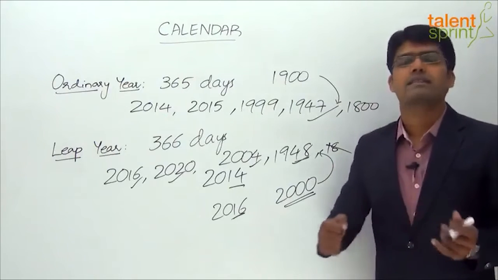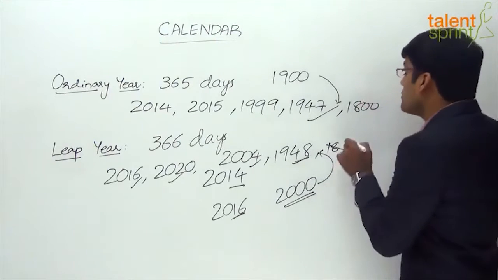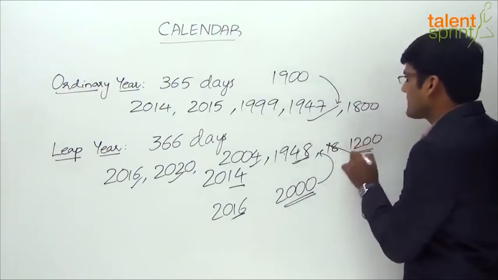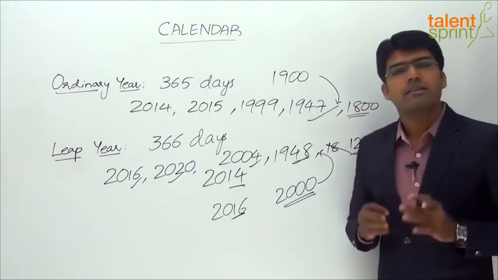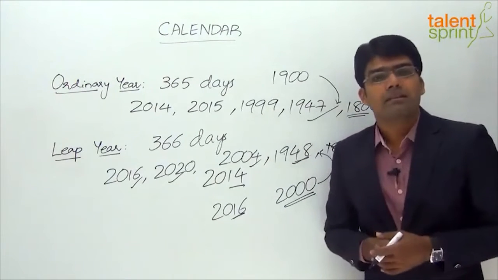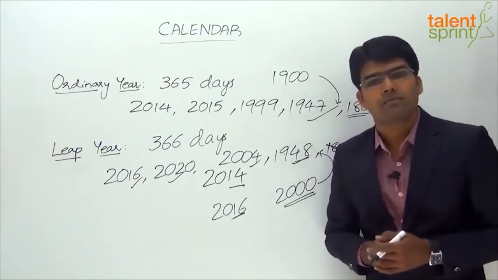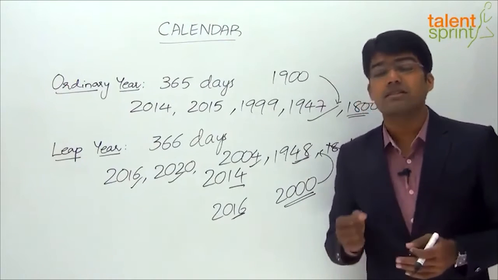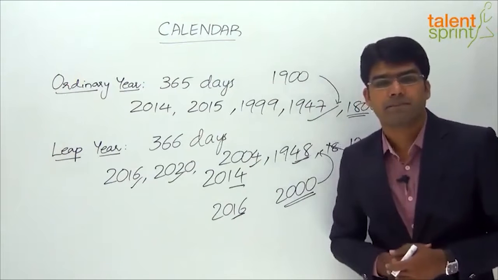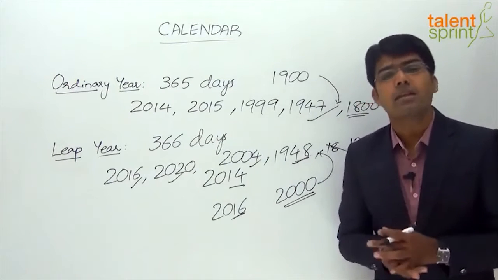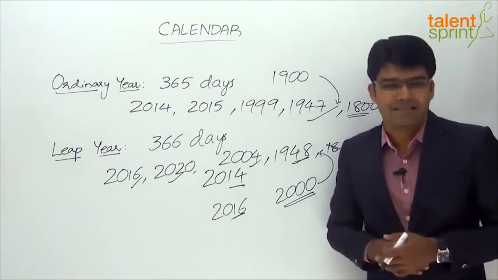Yes, 1200 is divisible by 400, so we can say 1200 is a leap year, right? So the point is, for a year to be a leap year, it must be divisible by 4, and for a century year to be a leap year, it must be divisible by 400. Otherwise, these are considered to be ordinary years, which have only 365 days.